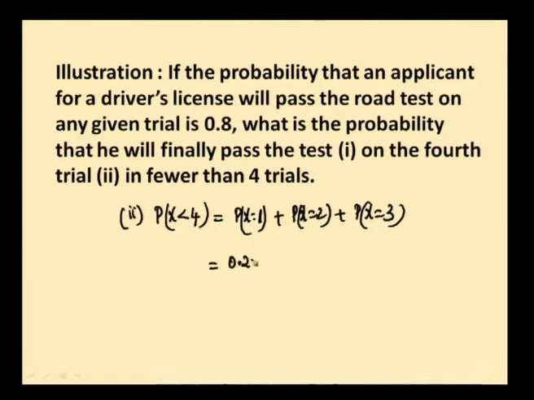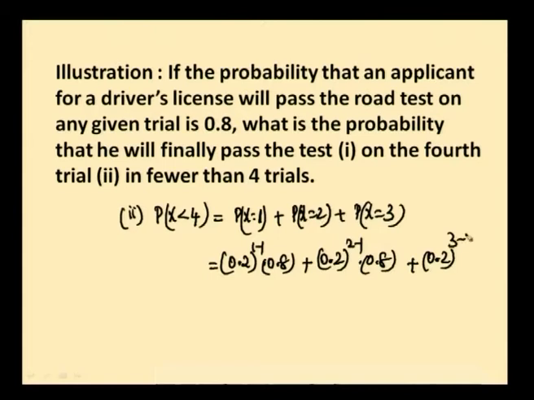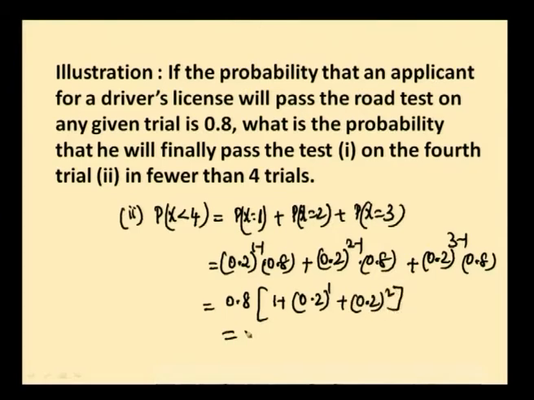So 0.2 power 1 minus 1 into 0.8 plus 0.2 power 2 minus 1 into 0.8 plus 0.2 power 3 minus 1 into 0.8 is equal to 0.8 into (0.2 power 0 plus 0.2 power 1 plus 0.2 squared), and this simplified answer is 0.9984.